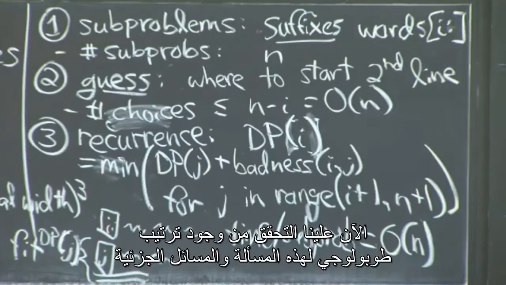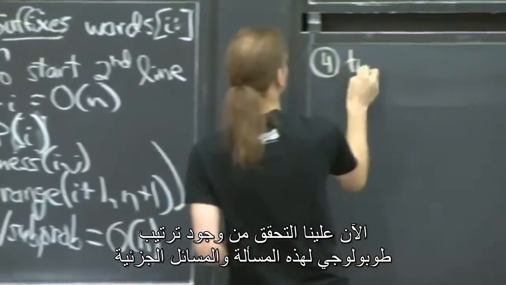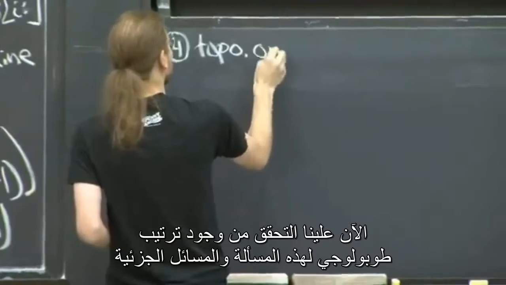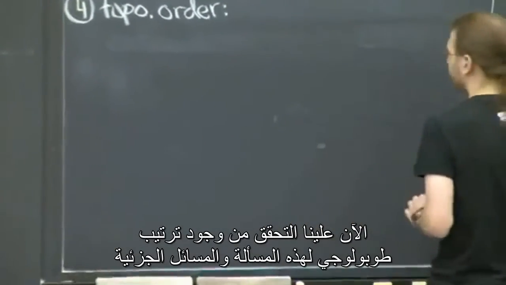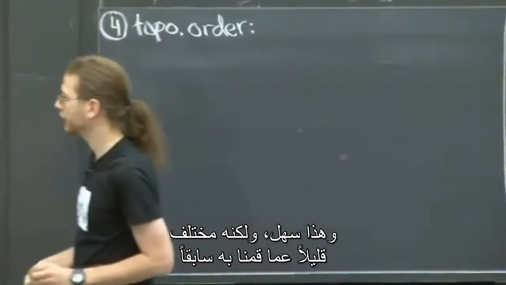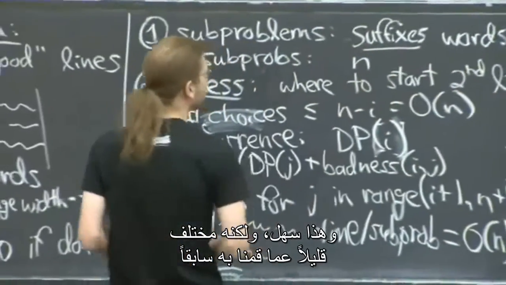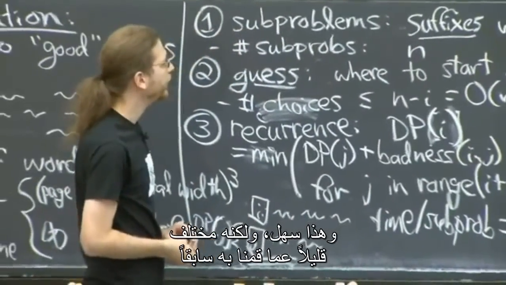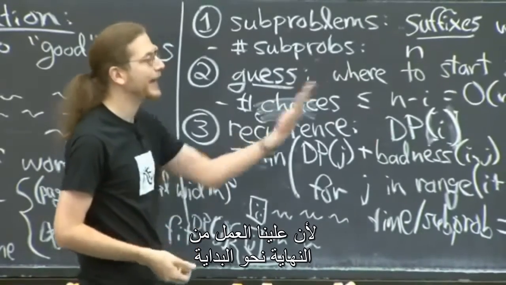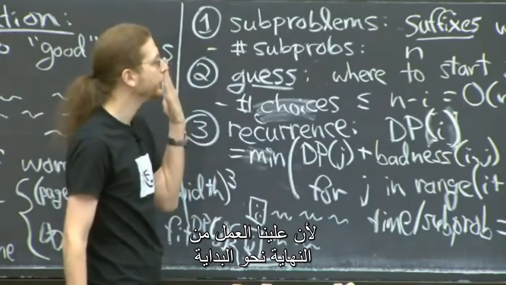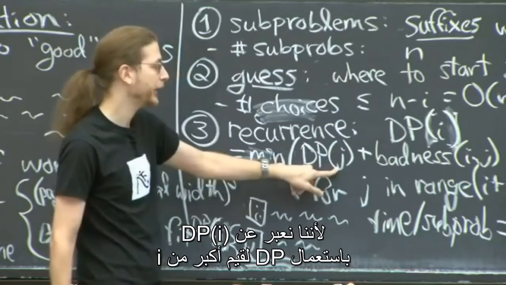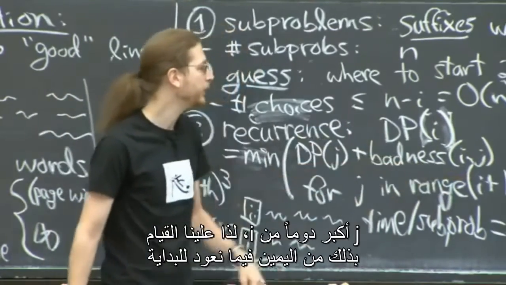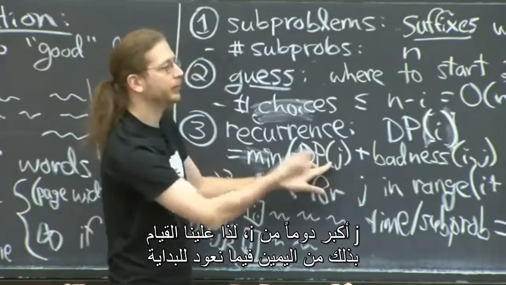Now we have to check that there's a topological order for these subproblems. And this is easy, but a little different from what we've done before, because we have to actually work from the end backwards, because we're expressing dp of I in terms of dp of larger values of I. J is always bigger than I. And so we have to do it from the right end back to the beginning.